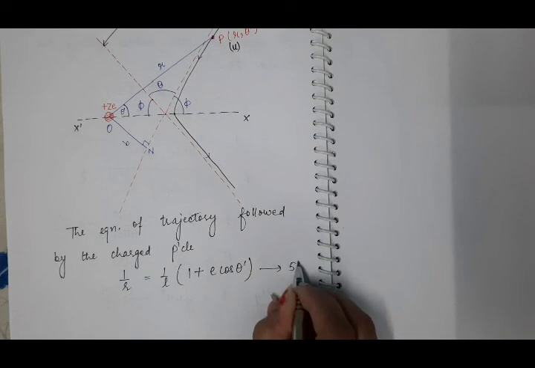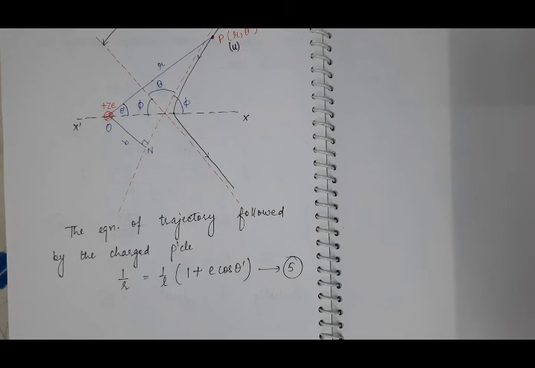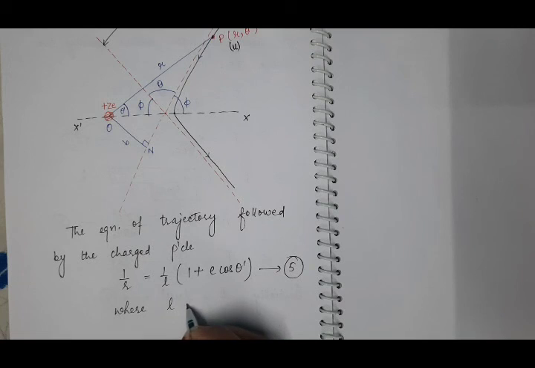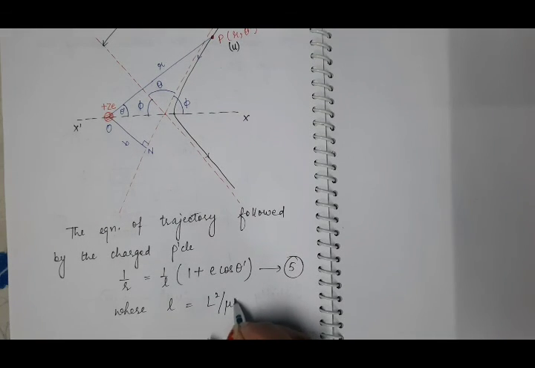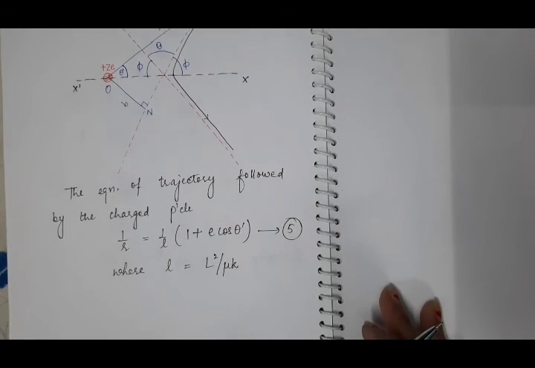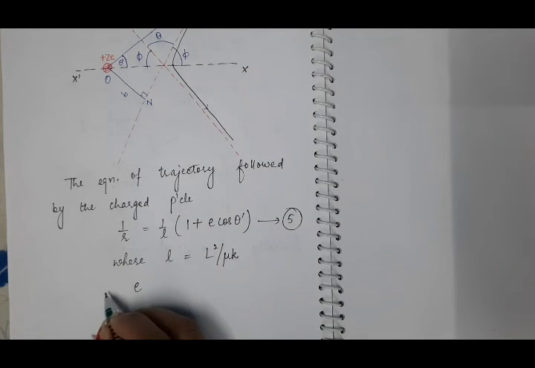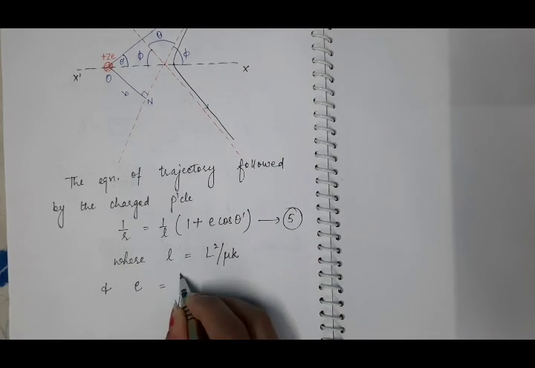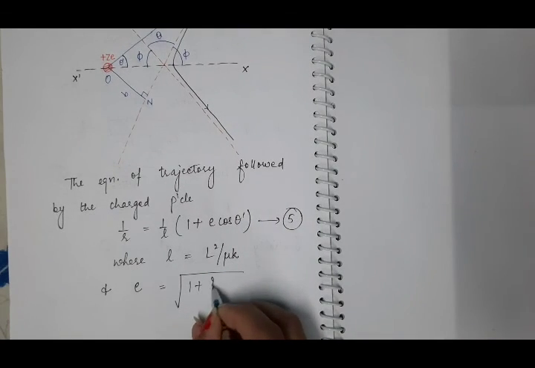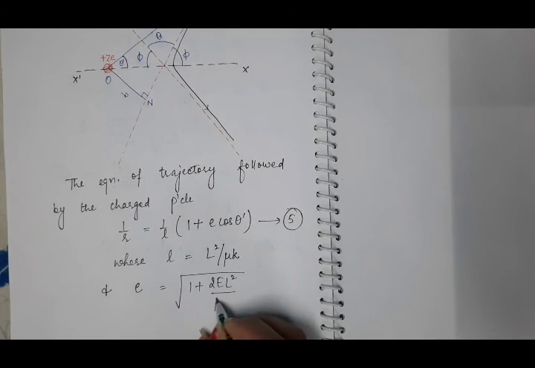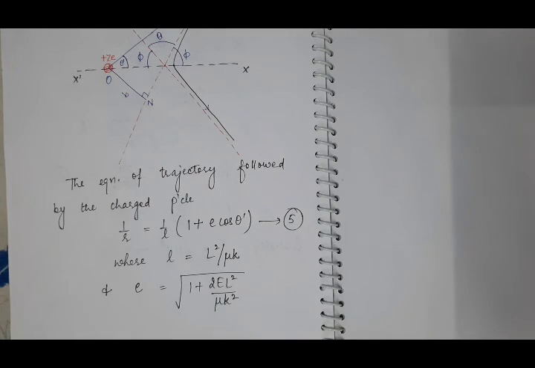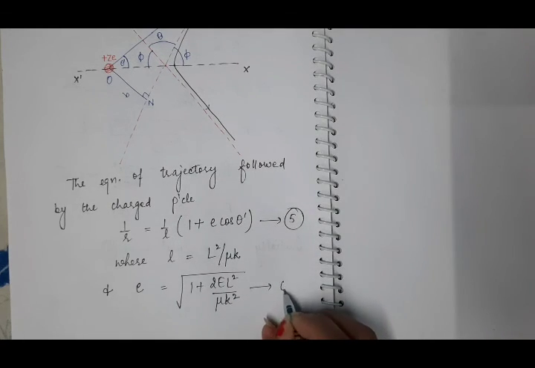And suppose this is equation number 5. This is the equation of trajectory followed by the charged particle, where L is the semi-latus rectum and e is the eccentricity, which we have studied in the chapter on central force field. We have already derived the expression of this eccentricity: e equals root of 1 plus 2EL square by mu K square. Suppose this is equation number 6.